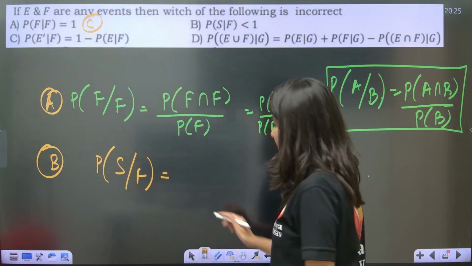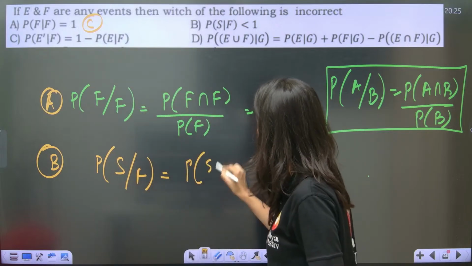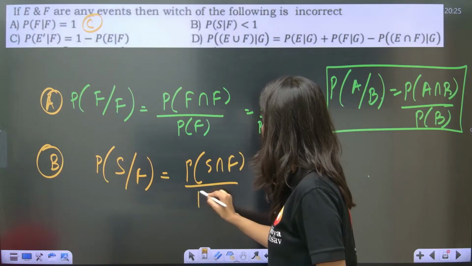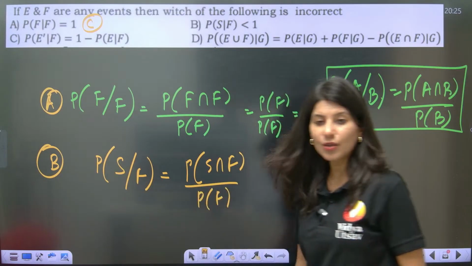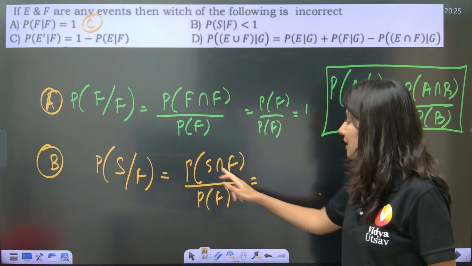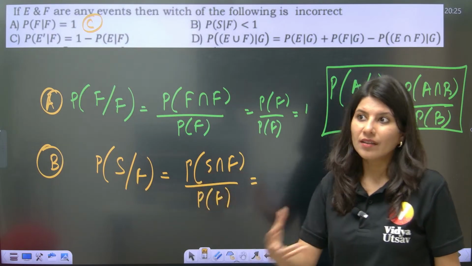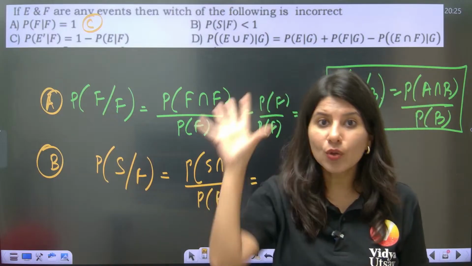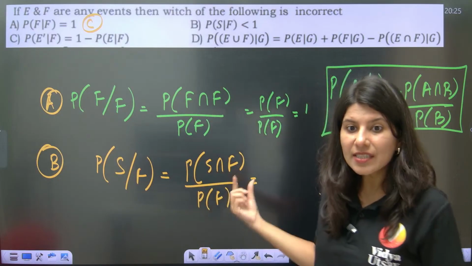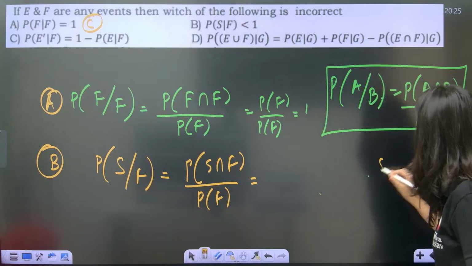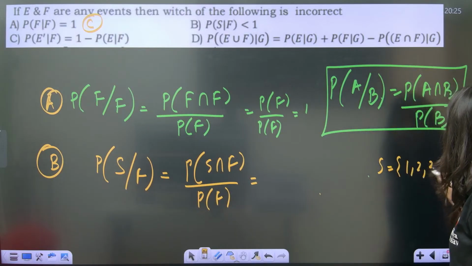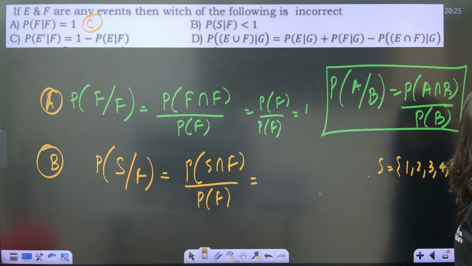But see, understand, this is probability of S intersection F upon probability of F. Sample space and F is an event. So you assume S being your universal set. F is a subset. Suppose S is having 1, 2, 3, 4, 5, 6. This is complete sample space.